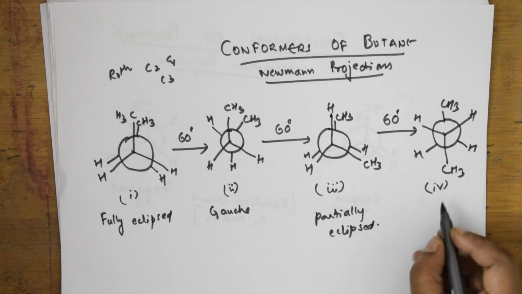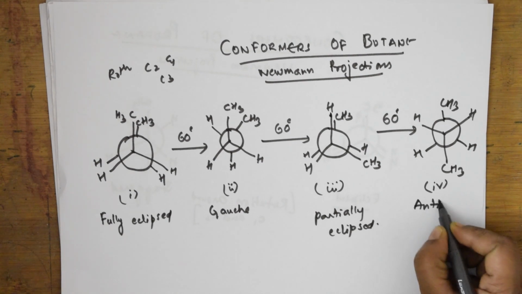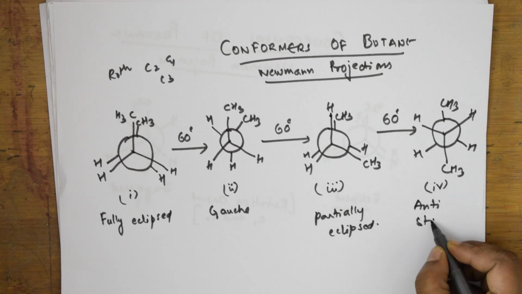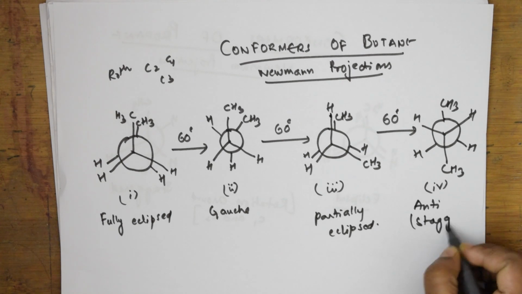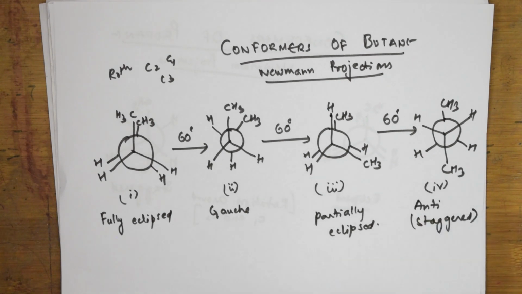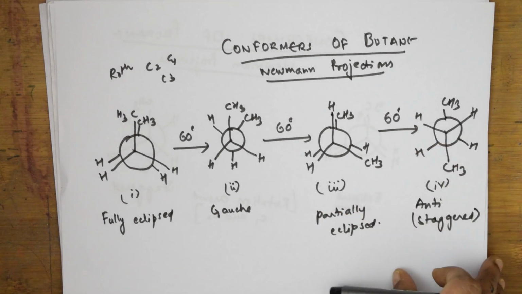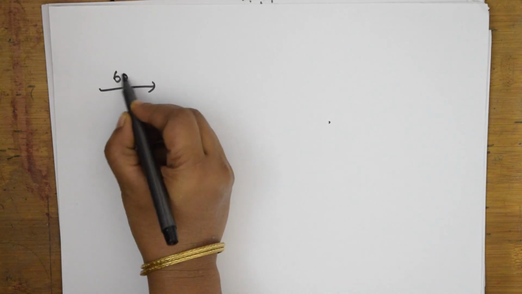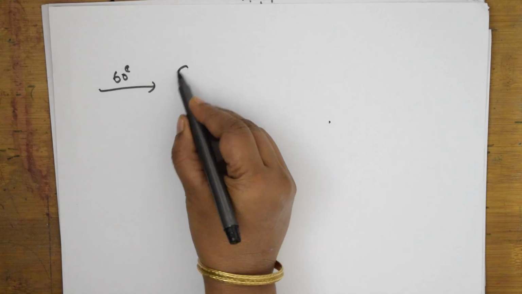We call it anti-staggered. Anti form, but it is staggered because equally spaced. Now I'm going to rotate it a further 60 degree. How does this look like?